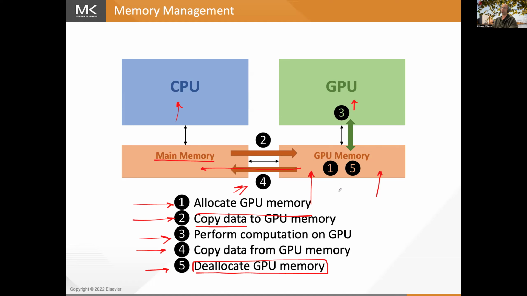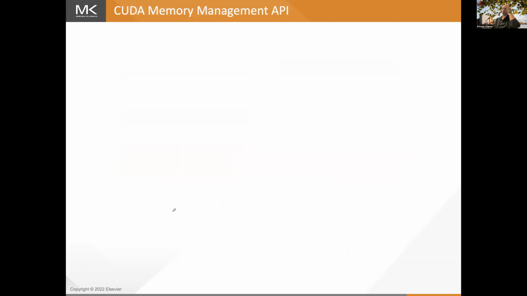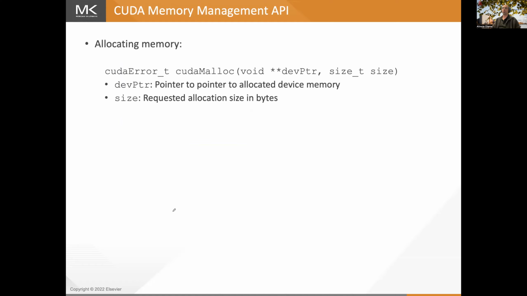So the only thing that you should understand so far is this workflow that I just explained. Okay. So this is how you perform these computations, but let's talk a little bit about the memory management API that CUDA provides for you. So how we can do these things in actual code.